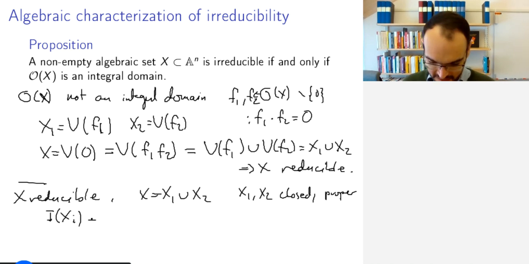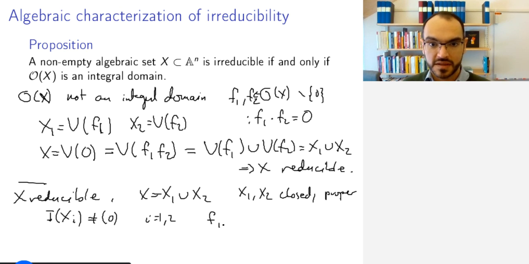So it tells us that this is not the zero ideal for neither of them. So we can choose non-zero. So take f1 to be some non-zero element in the ideal of X1 and do the same for X2.